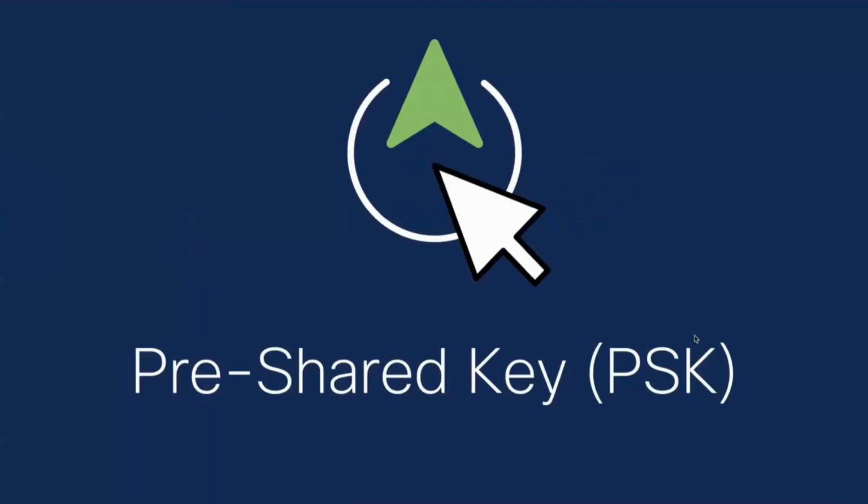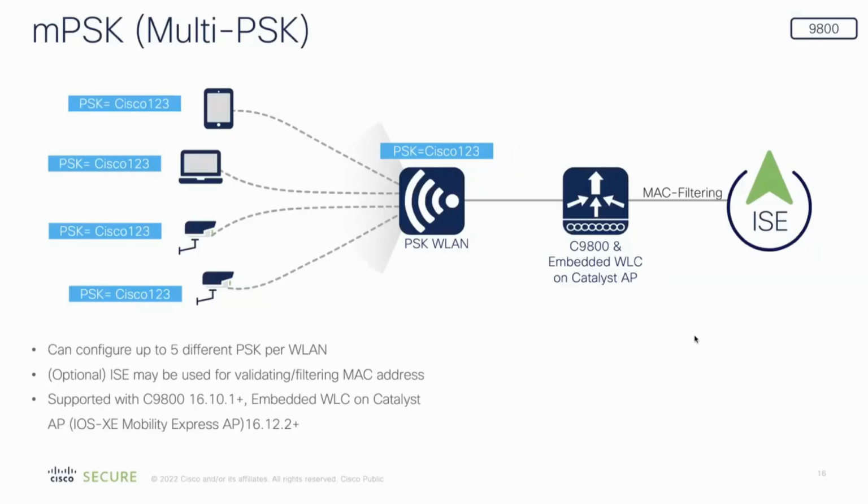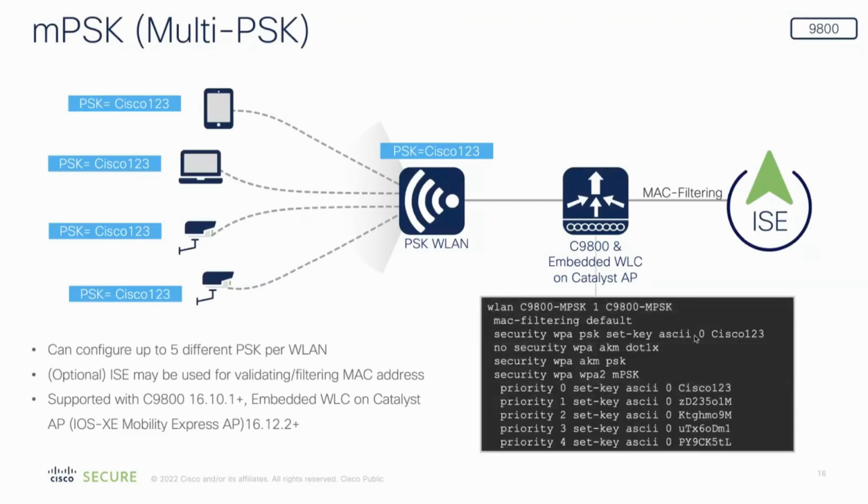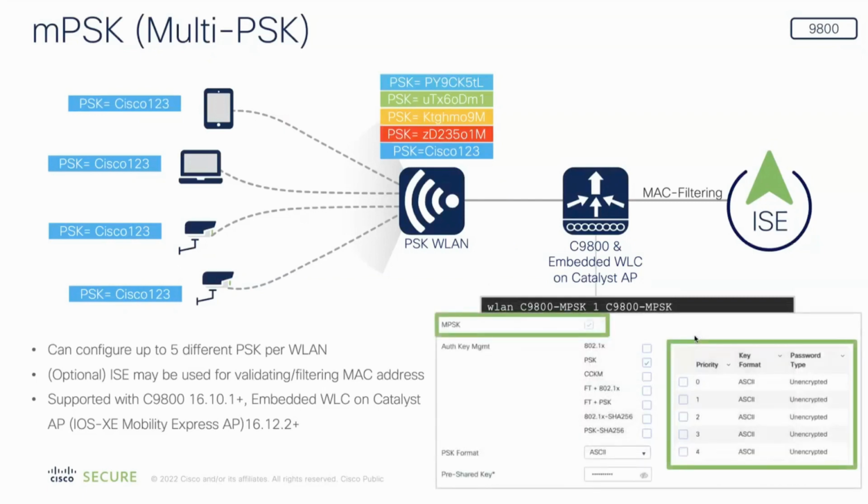So there's that. Then the next is mPSK, multi pre-shared keys. The idea here is you can configure up to 5 different pre-shared keys on a single SSID, and you can do it either in the command line or you can do it with the GUI.